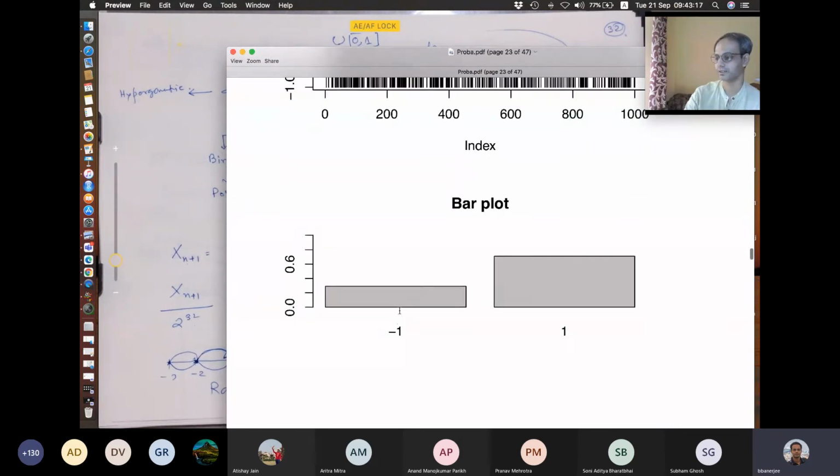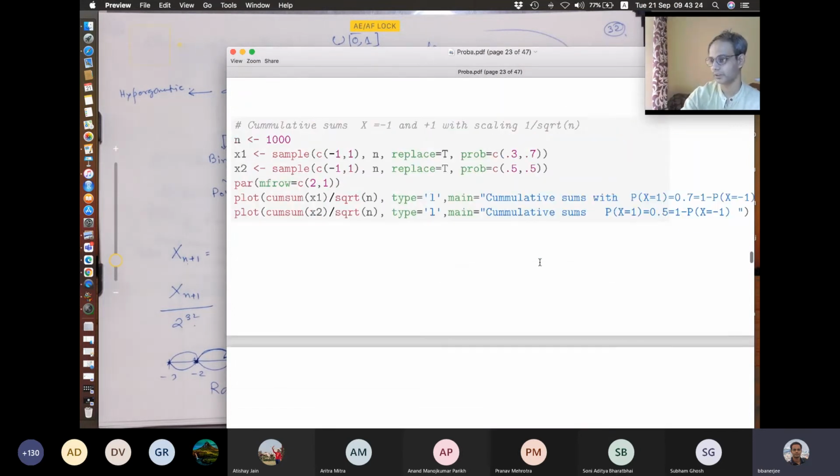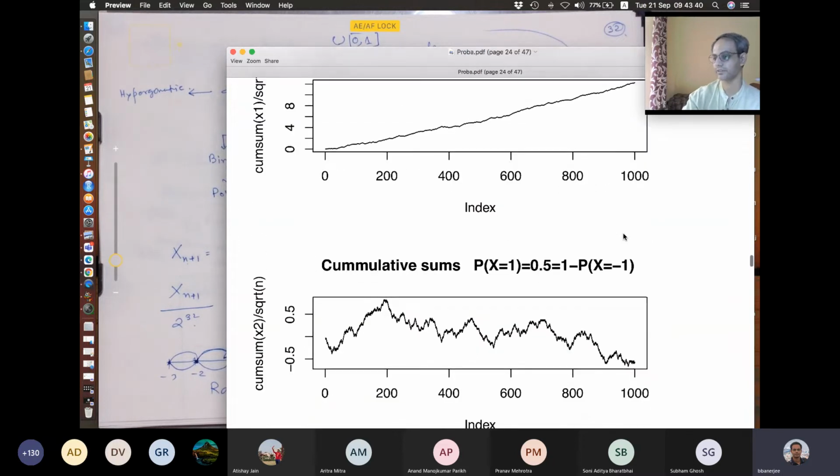Again, it is a 30-70 allocation here. Then the cumulative sum. If you do the cumulative sum, you can see that if it is highly weighted to 1, it will be gradually increasing, so there is a chance that we will be deviating, that is ensured.